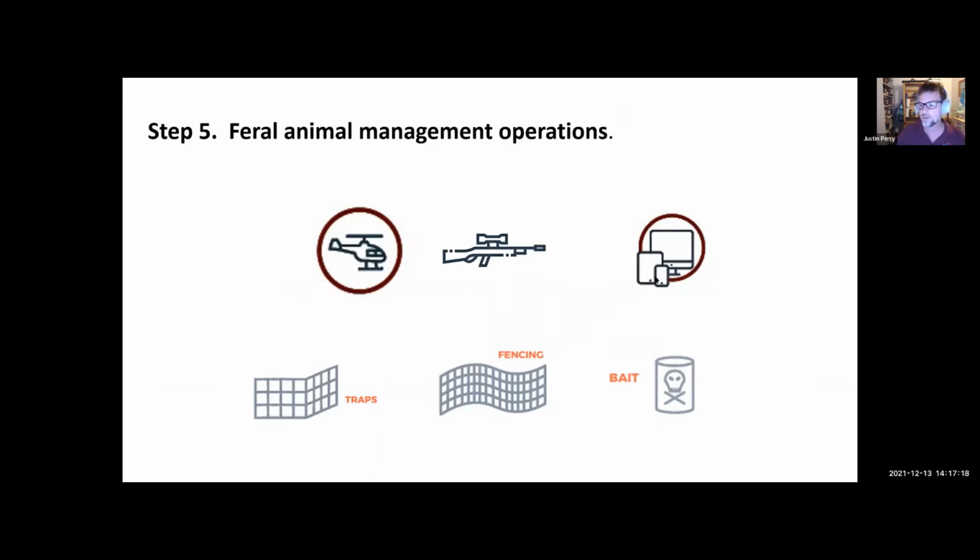All of these are logged through some apps that we developed in conjunction with the rangers, so that we know what the effort is, where people went, and when they did it. That's the feral management actions that we can use to look at how well those actions were turning into protecting values.